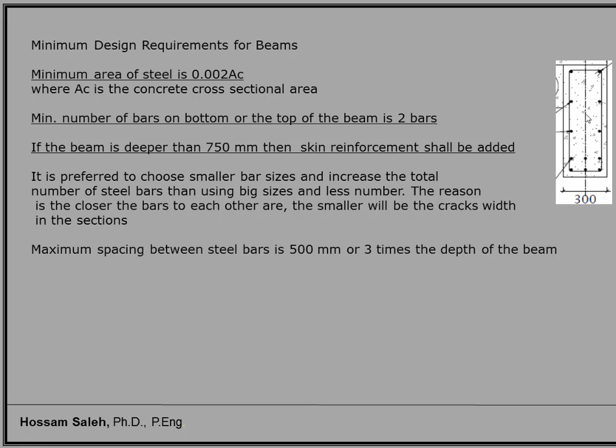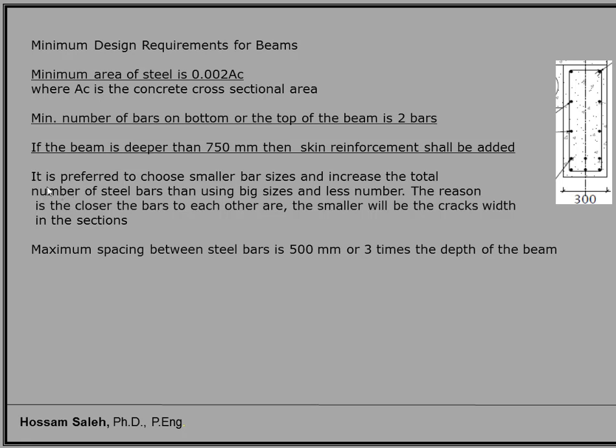What is skin reinforcement? These are bars on the side of the beam, and they have to be added to minimize the crack widths on the side. Otherwise we can have cracks on the side of the beam. That we call skin reinforcement.